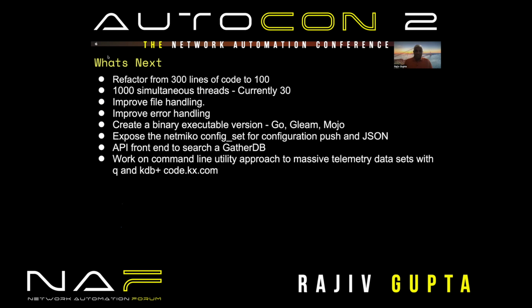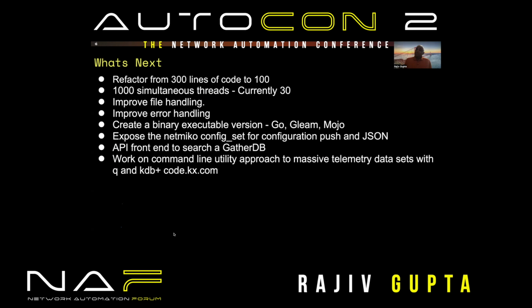The next thing is at the moment, I have 30 simultaneous threads. If someone could help me, or if I could get this to 1,000 simultaneous threads, you essentially could do this across any infrastructure. Because when you start talking about millions of devices, you could do 1 million devices very quickly at 1,000 simultaneous threads. So that's my goal, and hopefully I can get there.